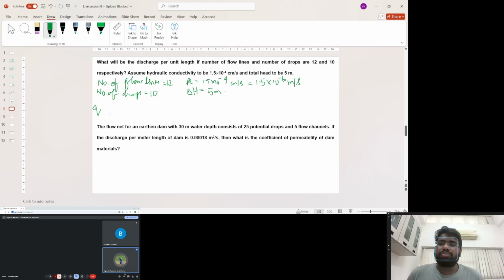So the breadth will be assumed as 1 meter. So Q will be K into delta H into NF by ND. All right.